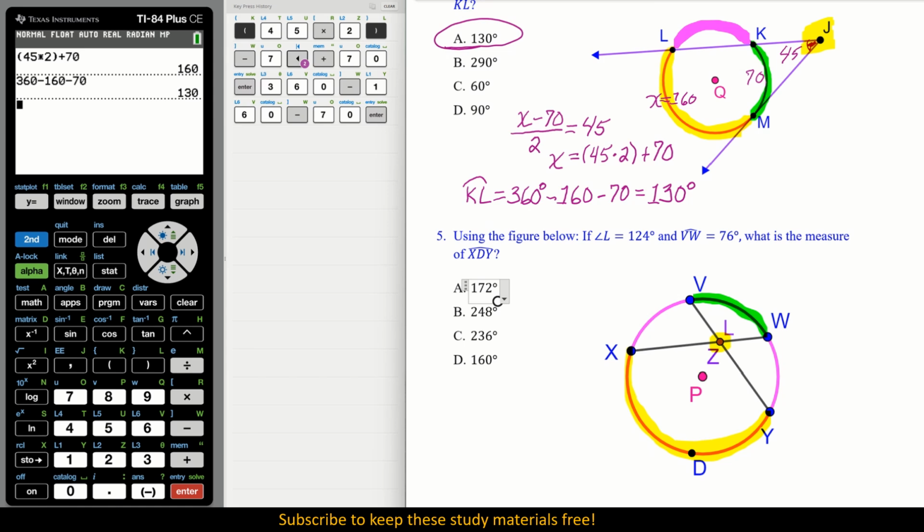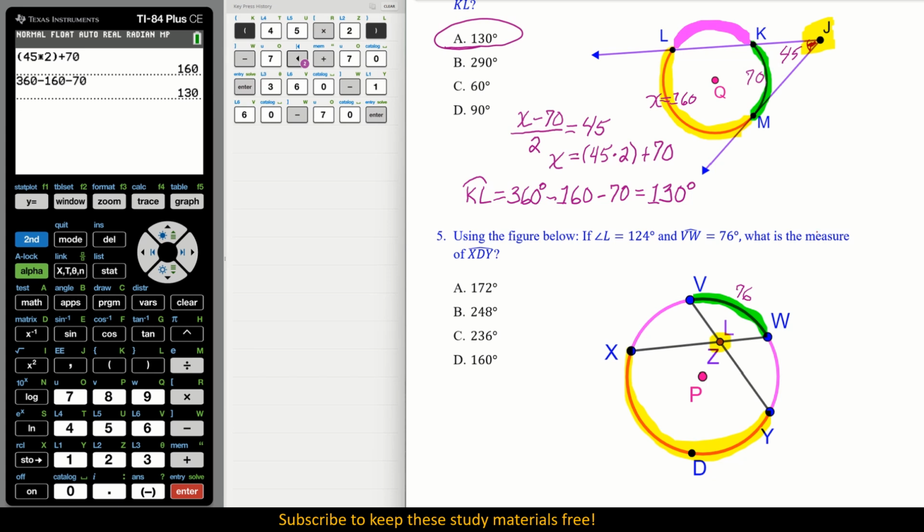Okay, look carefully. 76 degrees is our green arc. Okay. We do not know our yellow arc. Our yellow arc is what we're looking for.